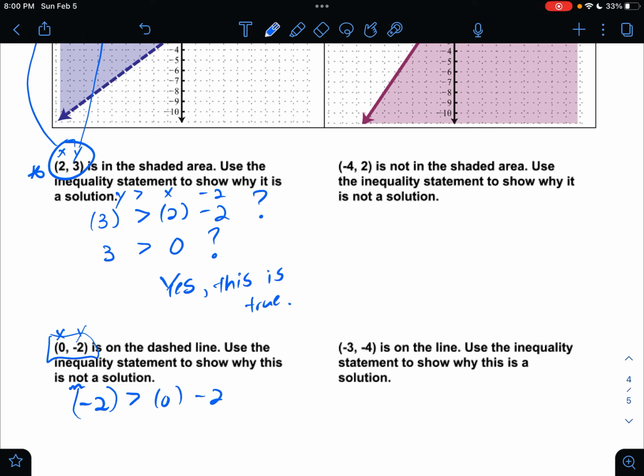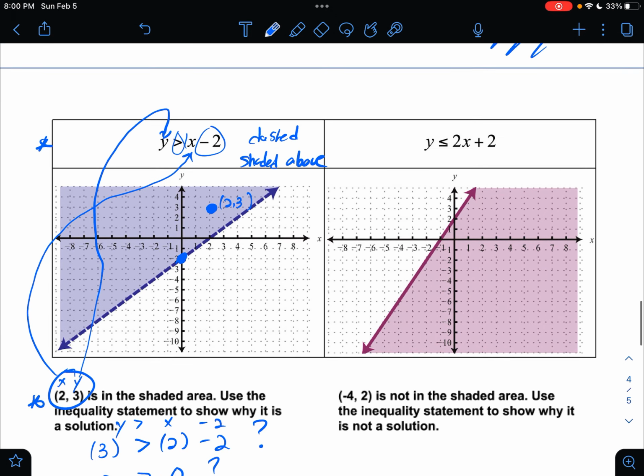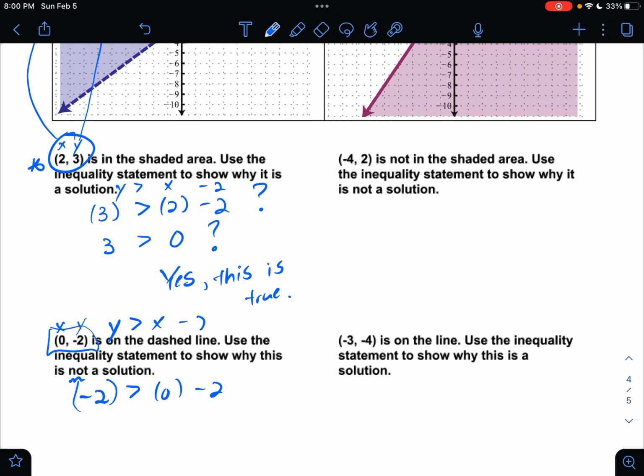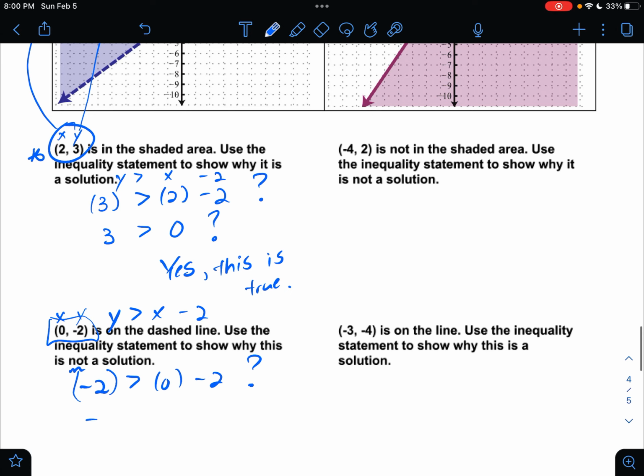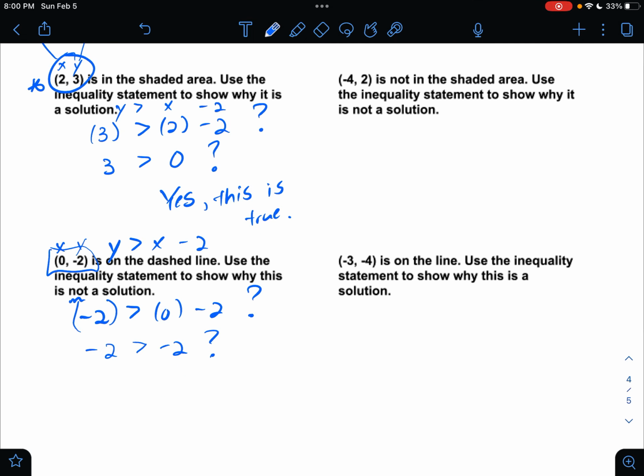So if we put negative 2 in for y and 0 in for x, remember our inequality was y is greater than x minus 2. Does this make a true statement? Well, let's just simplify this a little bit. Is negative 2 greater than, let's see, 0 minus 2 would be negative 2. Is negative 2 greater than negative 2?